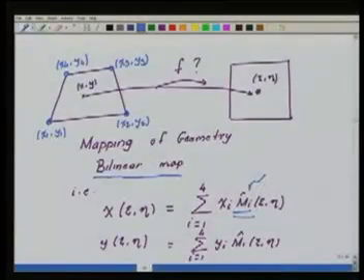So the mapping should always be done with respect to the bilinear shape functions, while my approximation can be done with respect to any shape functions that I wish. So these mi's are nothing but the bilinear shape functions.